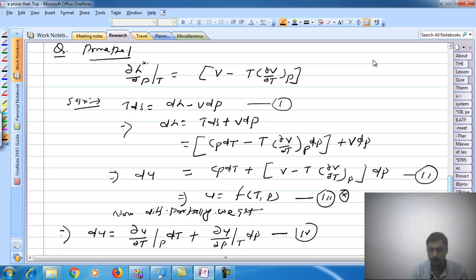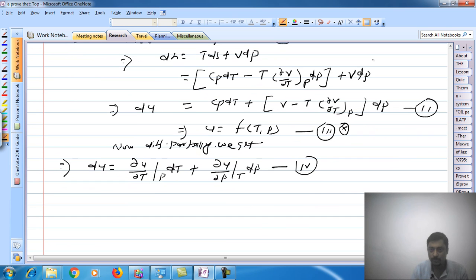Let us look at this equation number 4. Now we have to compare equation number 2 and 4, and equate the coefficient of dP in equations 2 and 4.